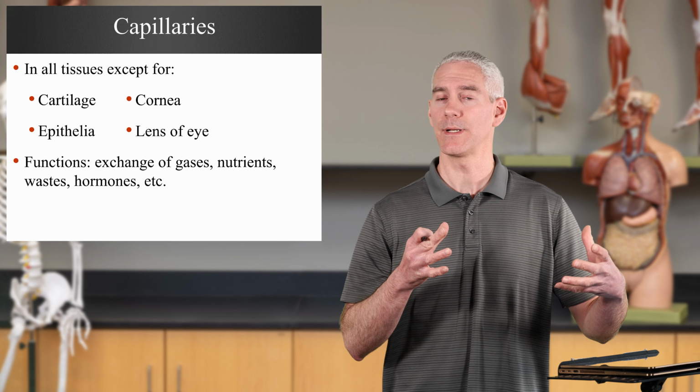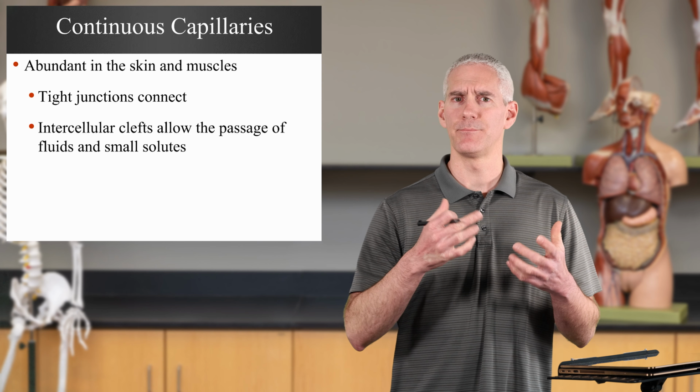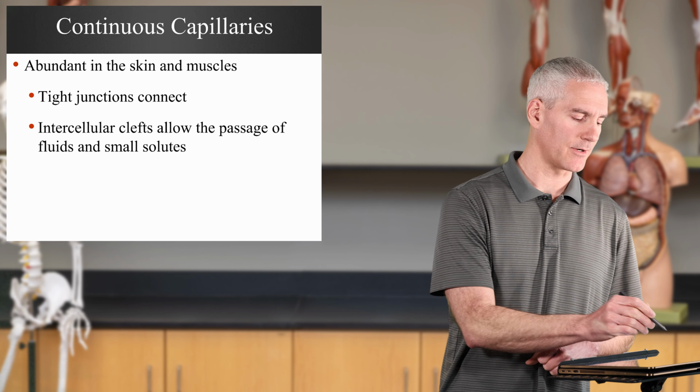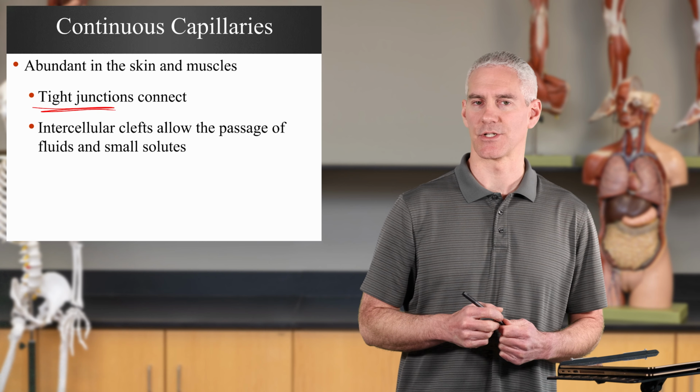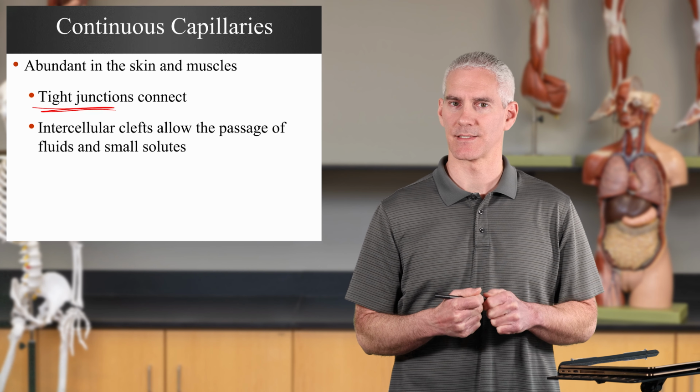Now, the most common of the capillaries, the ones you typically think of as a capillary, is the continuous capillary. They're abundant from head to foot. They're all over the place. The continuous capillaries have tight junctions that help to hold things together and keep the cells in place.